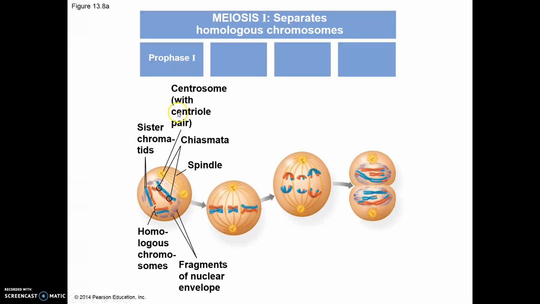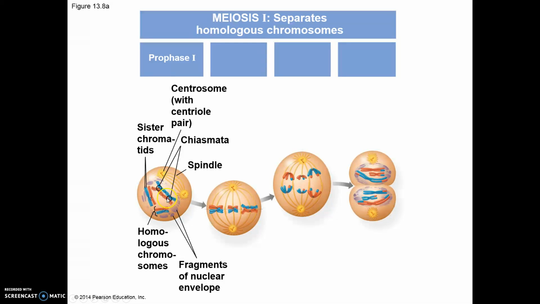Now, in prophase 1 of meiosis 1, so remember there's a meiosis 1 and 2. This is just 1. So prophase 1 of meiosis 1, something special happens. We have chromosome 1 from mom and chromosome 1 from dad.